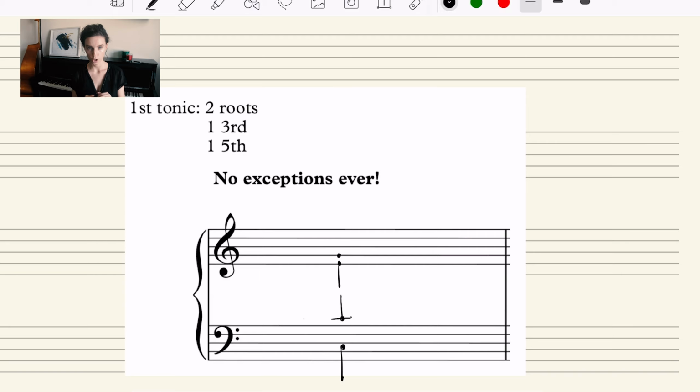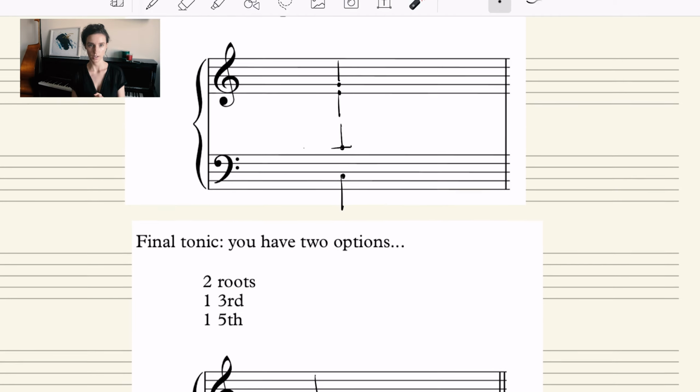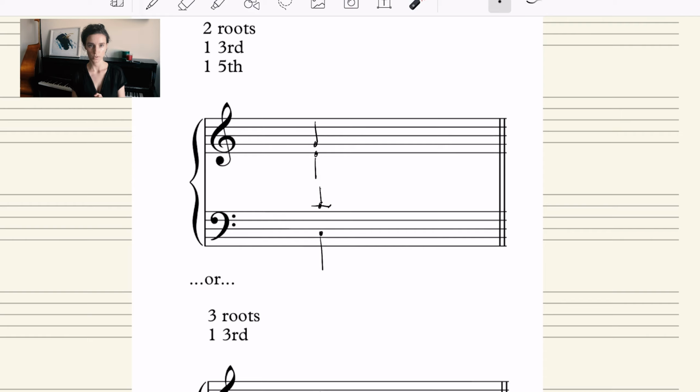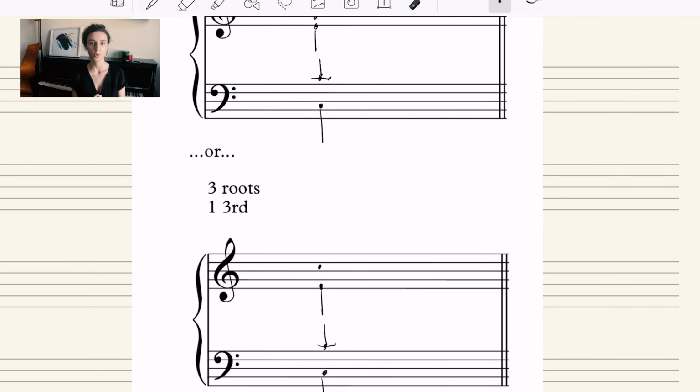And there are no exceptions from this rule. For your final tonic, however, you have 2 options. Either 2 roots, 1 third, and 1 fifth, or alternatively 3 roots and 1 third.